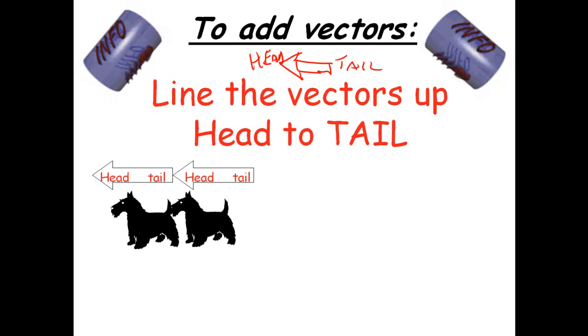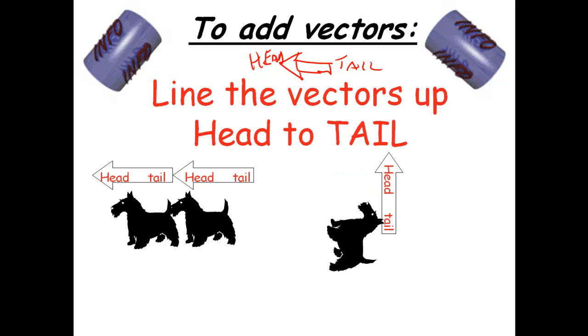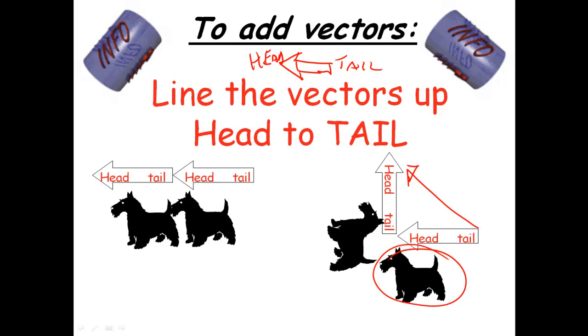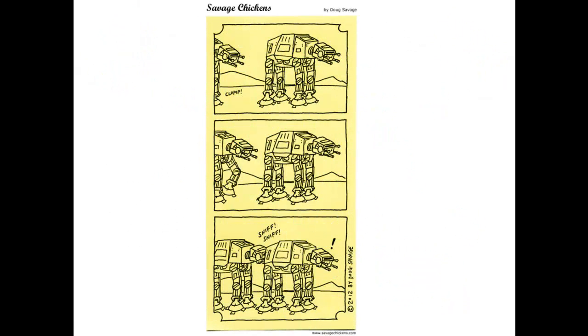And it doesn't matter if they're parallel to each other or perpendicular, one will inevitably try and still go head to tail. The result of that would be through here. In other words, if you now imagine a dog walking to the left and then walking up on our picture, the result would be up and to the left, and that's our resultant right here.